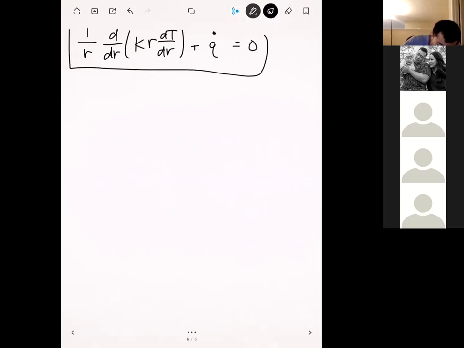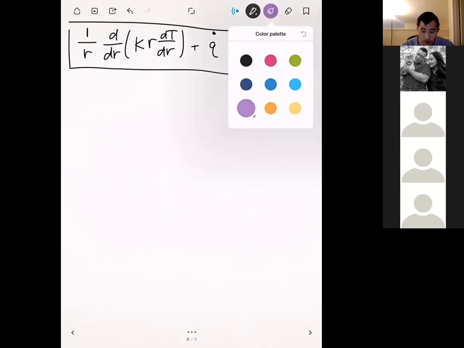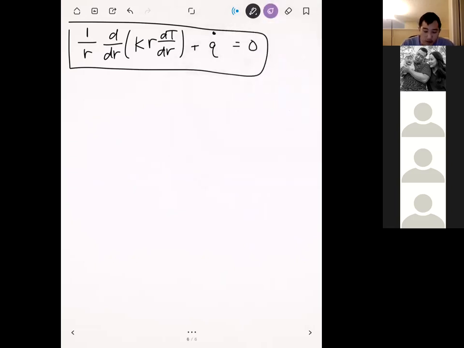All right, and so when you're solving heat equation problems in cylindrical coordinates, this is basically going to be your starting point, because for all the problems that we're going to consider, we're going to assume steady state, and we're going to assume that theta and z terms are 0. And so this is usually a good starting point right here. One other assumption that we often make for a lot of problems is that there's no generation.